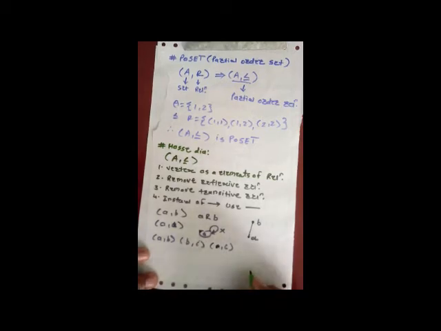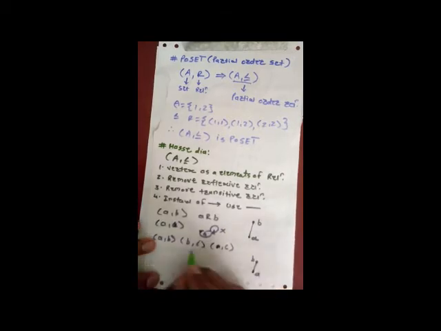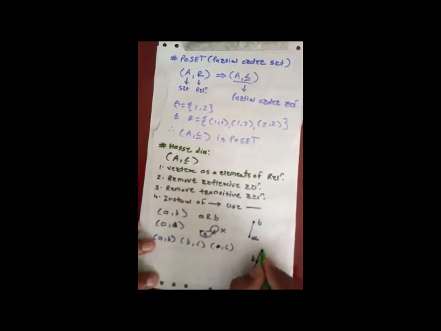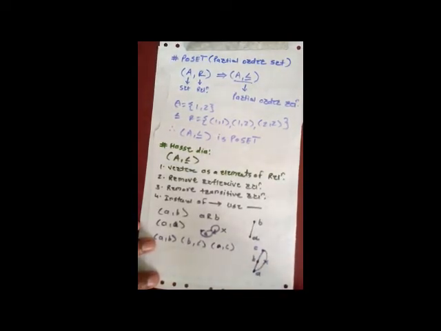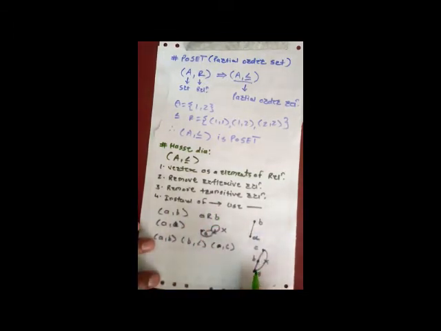If there is A to B, then B to C, it is not necessary to connect A to C, so we remove the transitivity, right. And fourth, instead of an arrow we use a straight line to join the elements.